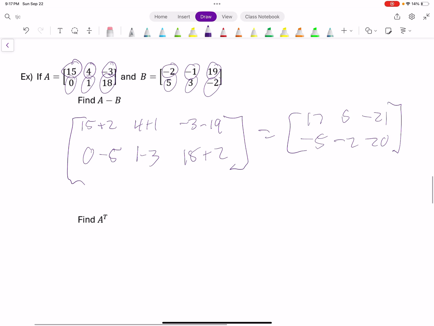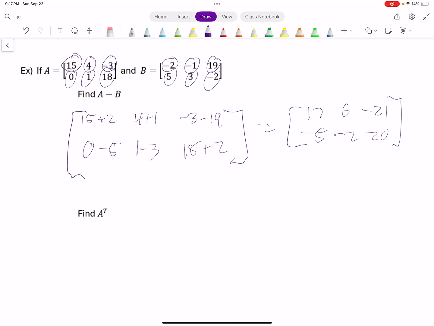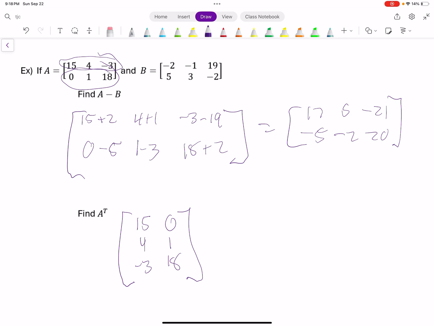What about A transposed? Well, A transposed, if we go back to A, this row is becoming the first column. So it's the matrix 15, 4, -3. Then this row becomes the next column, 0, 1, 18, and that's A transpose. So it's now a 3 by 2 matrix.